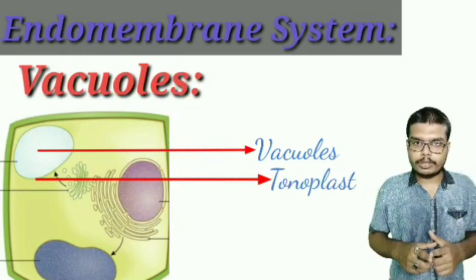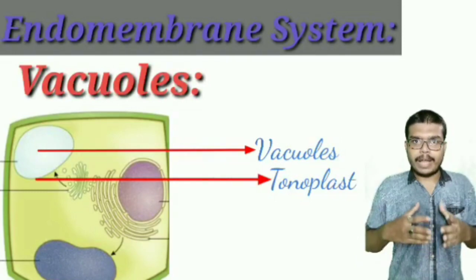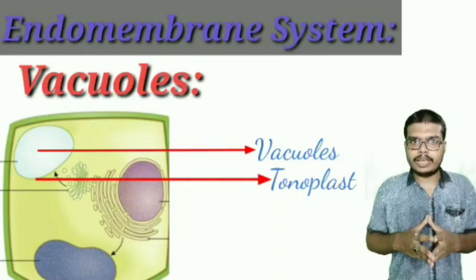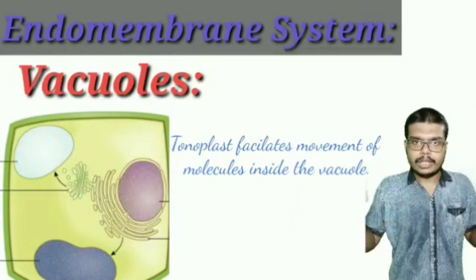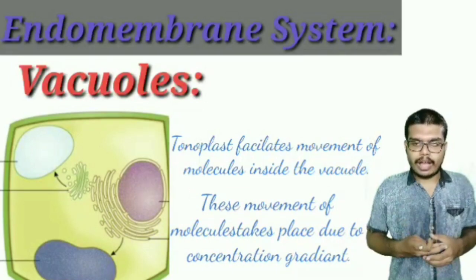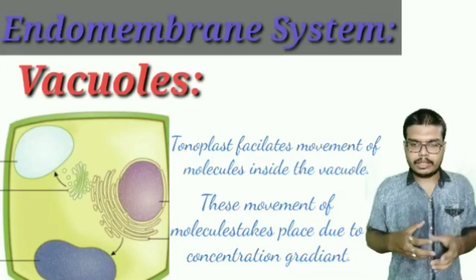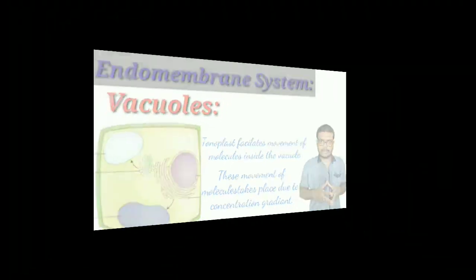It's a very important question, remember it. In plant cells, the tonoplast facilitates the transport of ions into the vacuole, and usually these ions enter the vacuole along the concentration gradient.